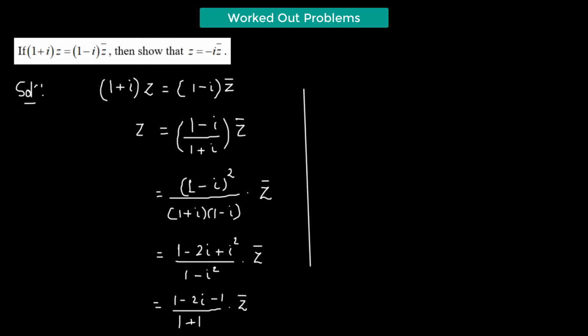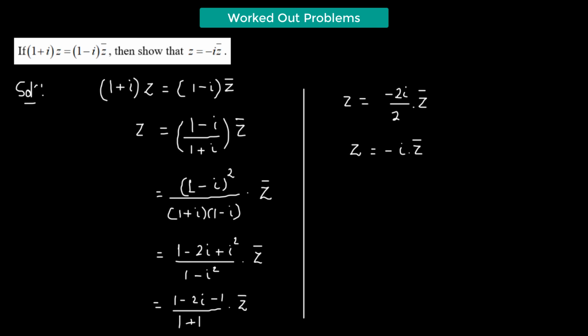So we have z equals negative 2i over 2 multiplied by z conjugate. So 2 and 2 cancel out, so that leaves us with z equals negative i times z conjugate. So here's the proof. Let's move on to the next question.